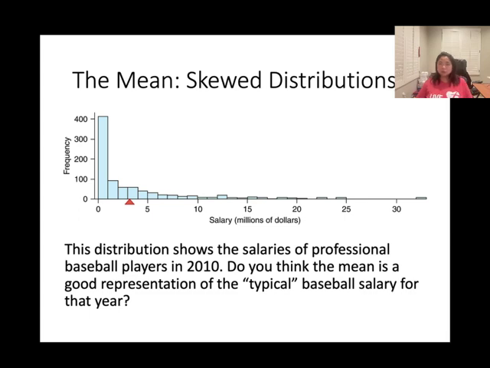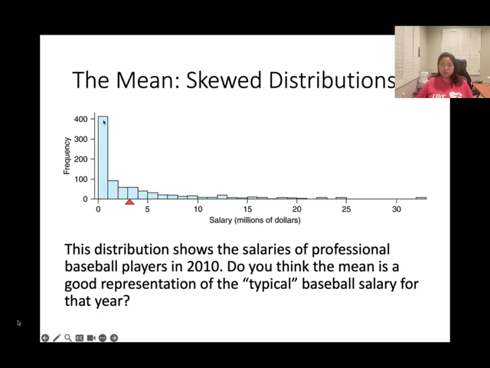How about the skewed distribution? It can be skewed to the left or skewed to the right. This distribution shows the salaries of professional baseball players in 2010. Do you think the mean is a good representation of the typical baseball salary for that year? First, think about it. When I look at this skewed distribution, the typical value should be from about 0 to 1.